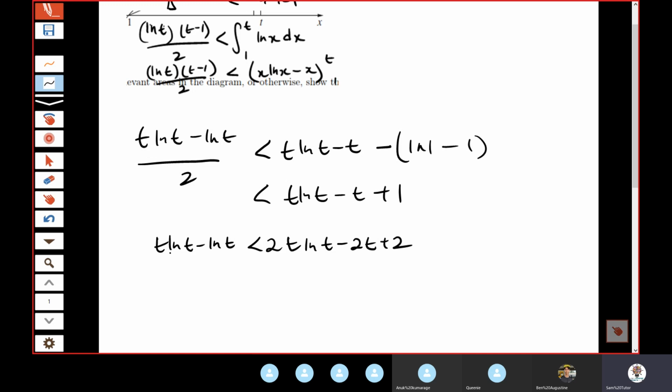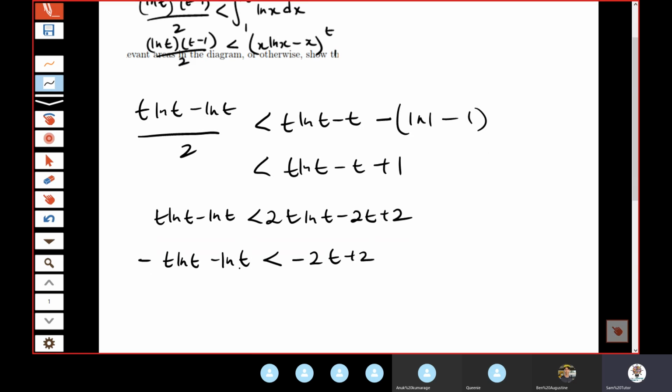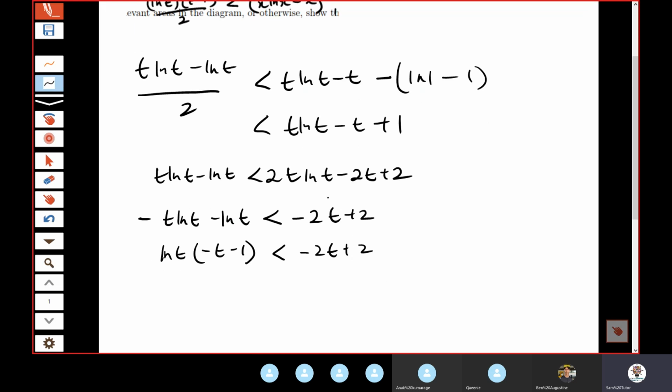Bring my log t to the left-hand side, but that means these two are like terms. So I subtract, I get negative t log t minus log t less than negative 2t plus 2. At this stage, I factorized my log t out, and I got negative (t minus 1) less than negative 2t plus 2. I cheated. I knew that the answer said greater than, so that's why I said, when I'm dividing by negative, it's greater than, right?